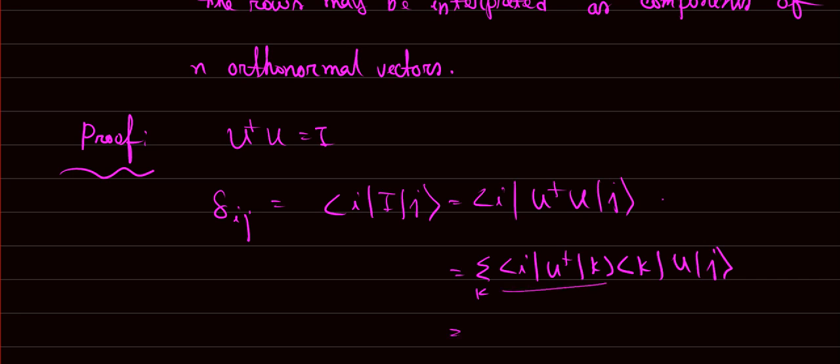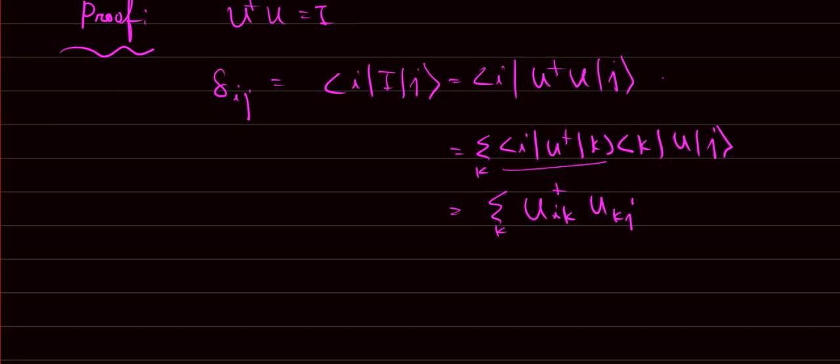This one is the matrix element of this vector, and this is the matrix element of this vector. So they are equal to delta ij.